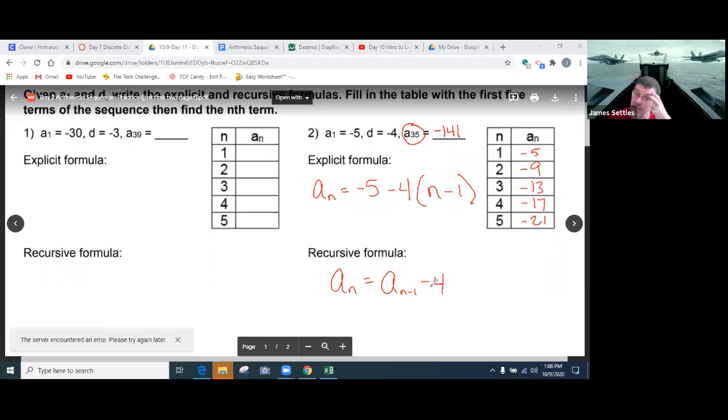So this is telling me that we're subtracting 4 in our pattern. Okay, so I'm going to clear this, so if anybody is still writing, please let me know.